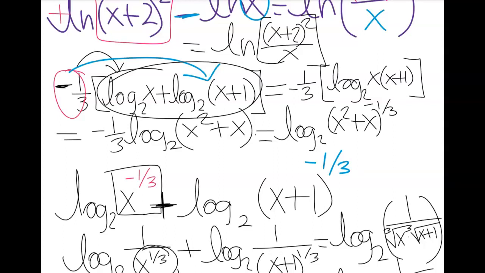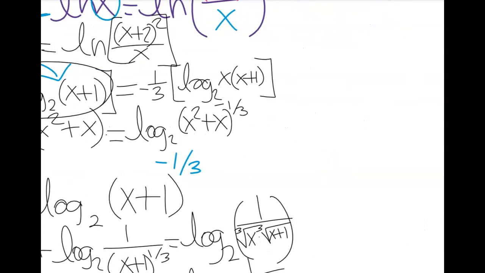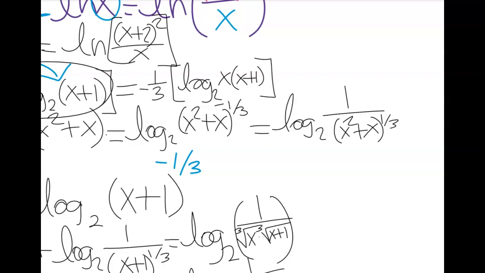And of course from there we could say, since the exponent is negative, log base 2 of 1 over x squared plus x to the power positive 1/3. And that is the same thing that we got on the other one. Of course, we could also put them inside the cube root. So we're going to move to the next problem now.